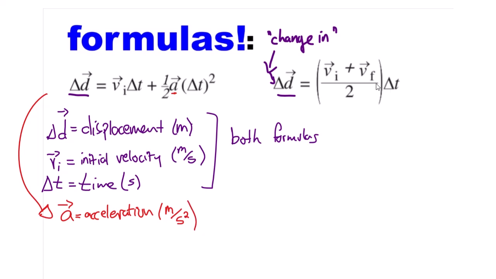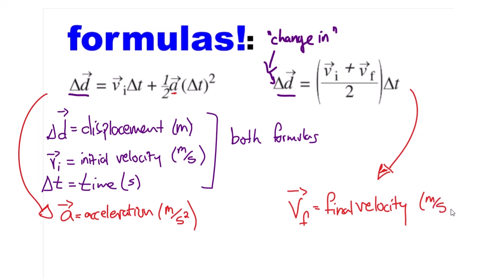And then this one has got a v_f, final velocity, and that's not present in this formula over here. So the v_f is a final velocity, and that's measured in meters per second.